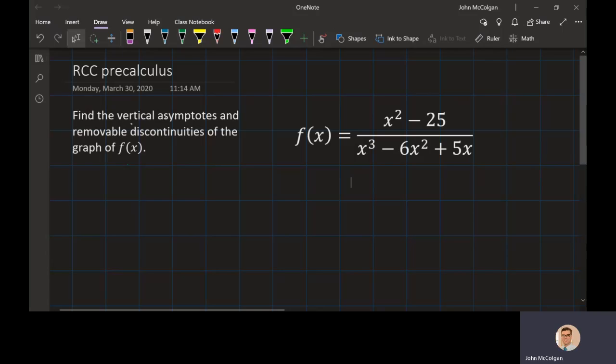And since this is a rational function, it has a polynomial over another polynomial. That means that the domain is all real numbers except for the real numbers which make the denominator function 0. So we have to first figure that out. We have to find what the domain is.